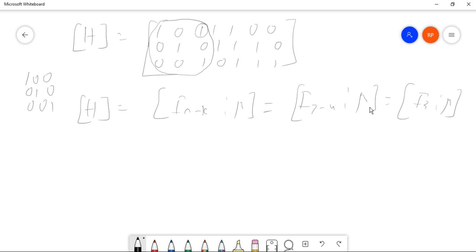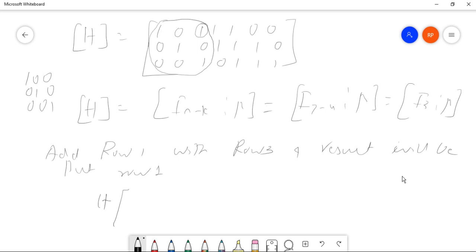So what I am going to do is add a row 1 with row 3, and the result will be put back in row 1. Okay, so let us add row 1 and row 2, and put the answer back into row 1.